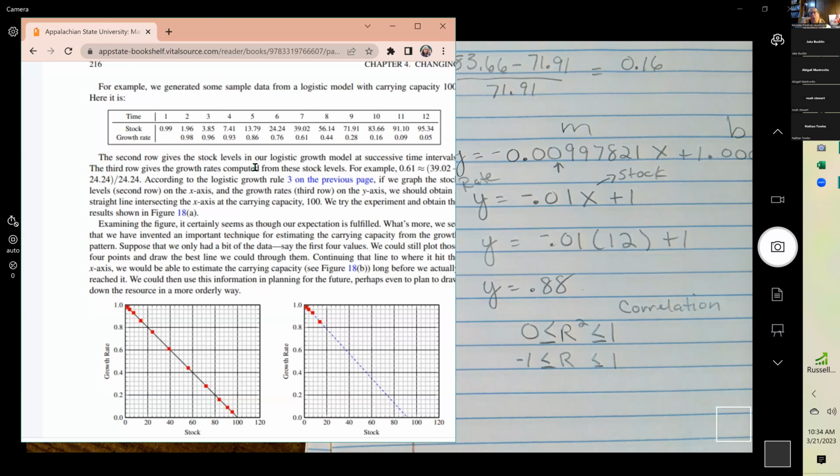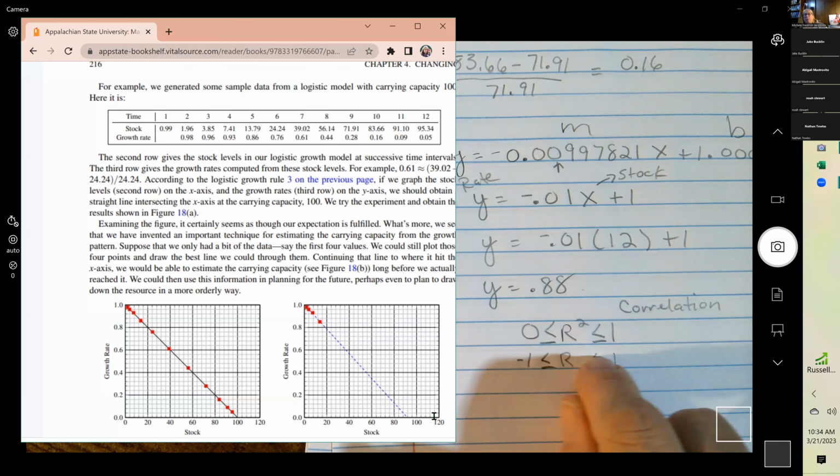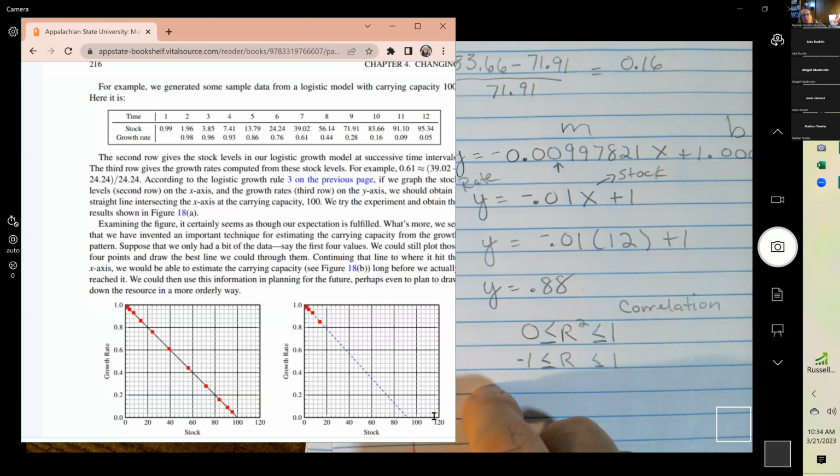So if you don't have the graph, your R tells you a little more information. And that's why it said a negative 0.999. The negative told us it was decreasing. The 0.99999 told us it was strong. So if you're looking at R, the closer to 1 or -1, the stronger it is. The closer to 0 in the middle, the weaker it is.